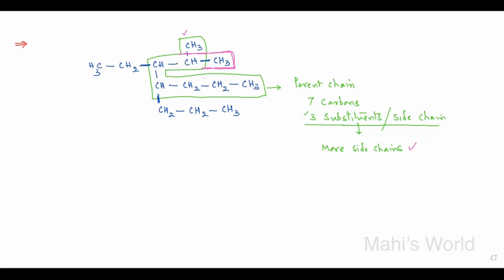Next. Okay, let us take one more. See, even this can be numbered in two ways. Let's see. 1, 2, 3, 4, 5, 6, 7, 8, 9. You got 9 carbons. Of course, two side chains.